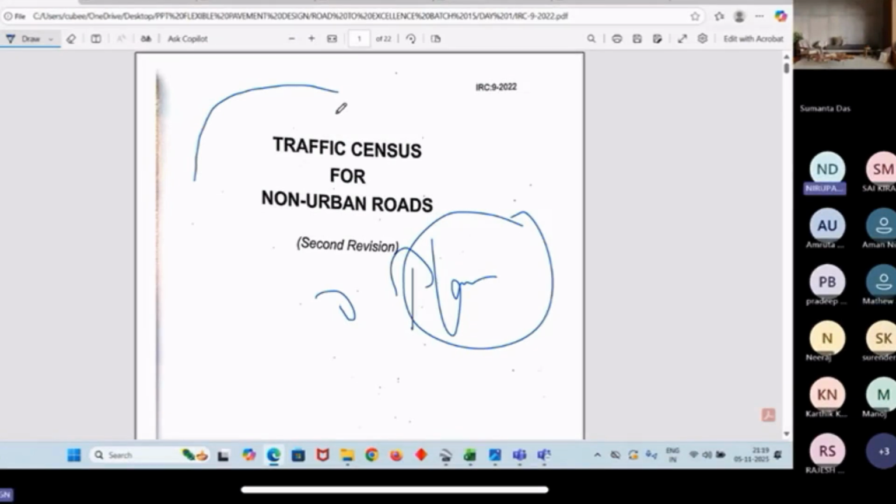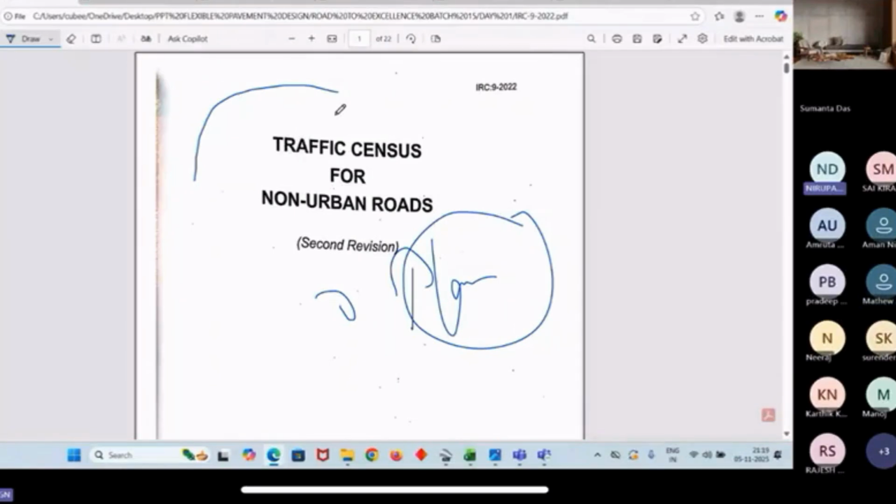Census data helps in the planning, designing, development, operation, and maintenance of the road infrastructure. Got it? It also helps in classification of the corridor, whether you are going for 2 lane, 4 lane, or 6 lane.